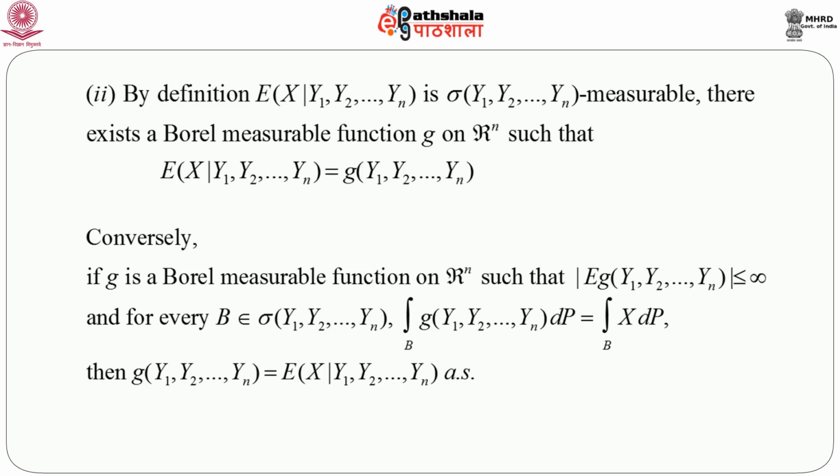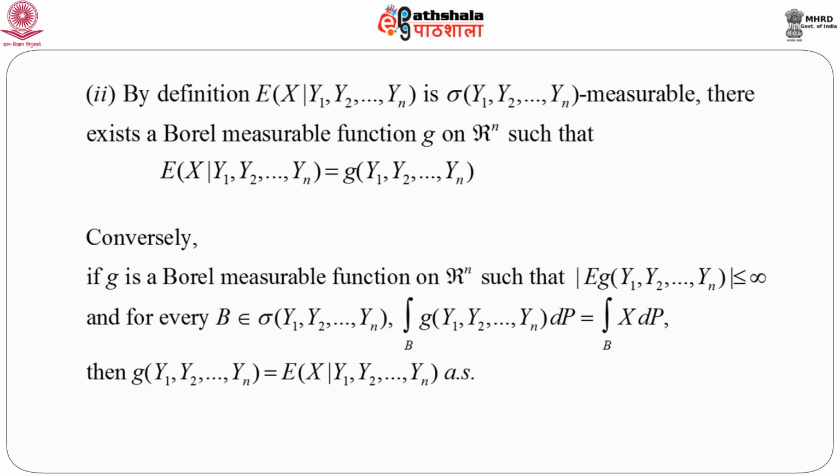Or conversely, we can think that if g is a Borel measurable function on R^n such that the expectation of the modulus of g(Y1, Y2, ..., Yn) is less than infinity, that means it is integrable, then for every B belonging to the sigma field generated by Y1, Y2, ..., Yn, we can write the integral over B of g(Y1, Y2, ..., Yn) dP is nothing but the integral over B of X dP.